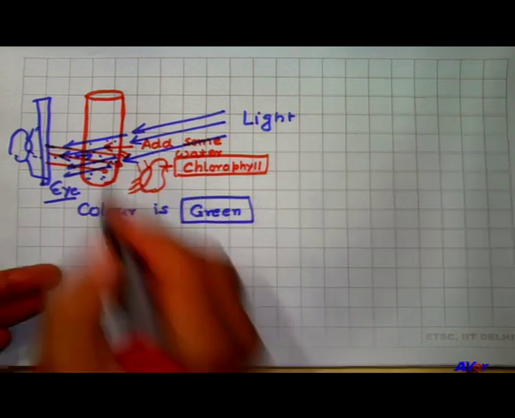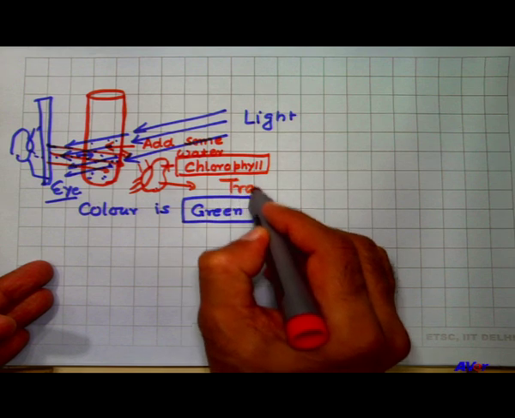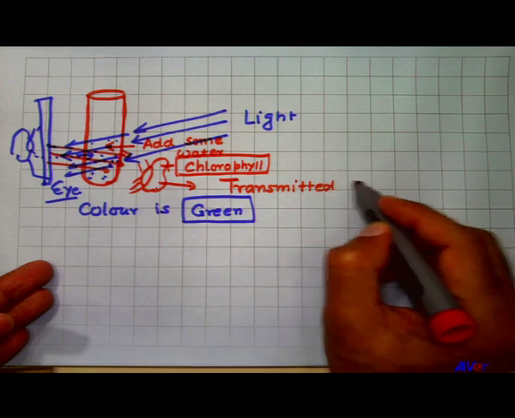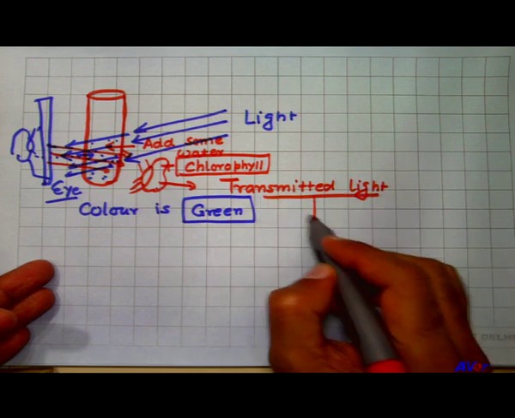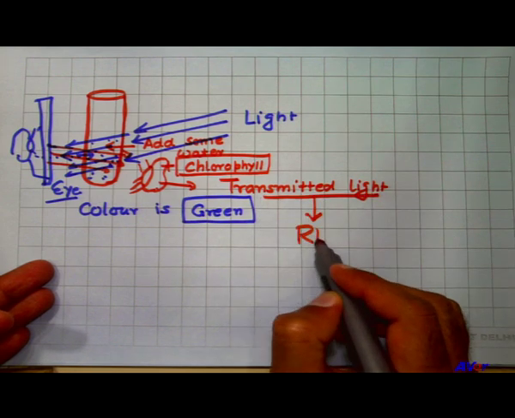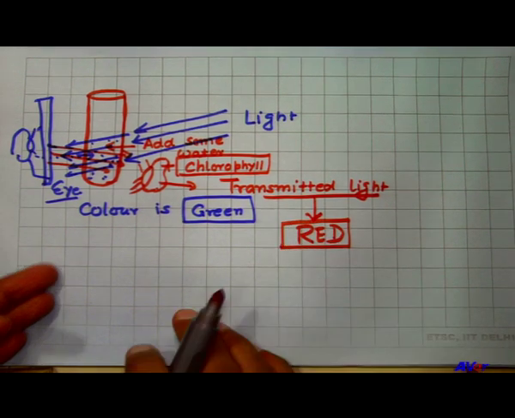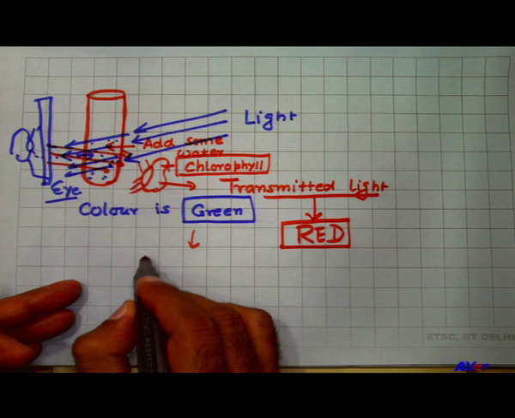When this solution is visualized under the reflected light, its color looks like red. How does this happen? This shows the phenomenon of fluorescence.